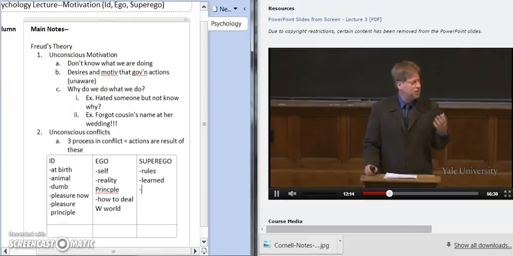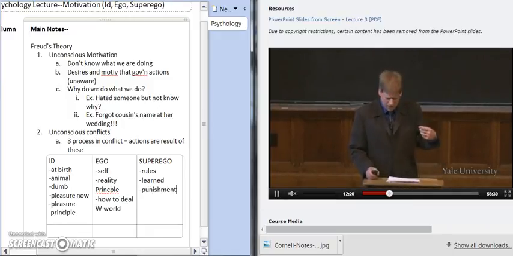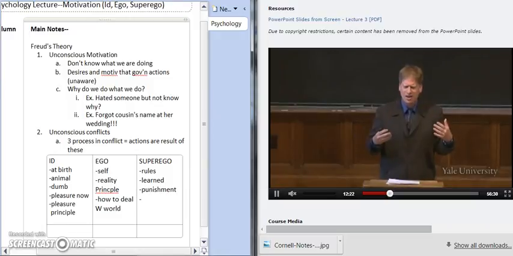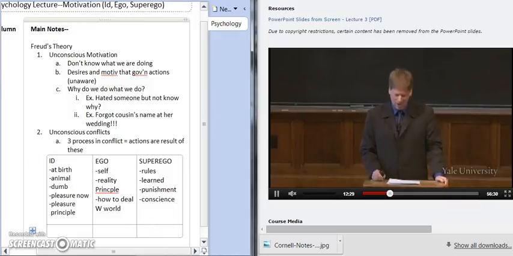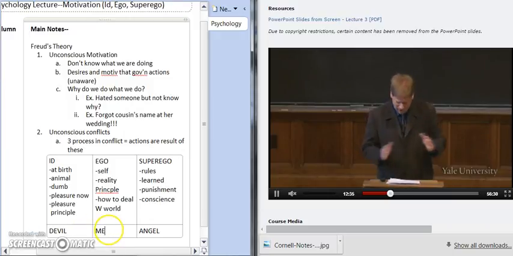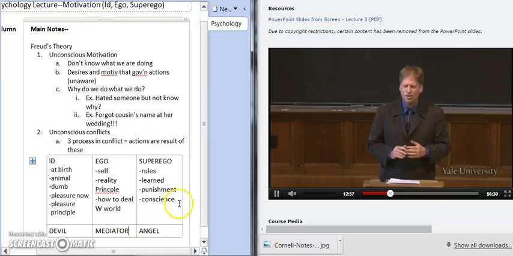Some desires are inappropriate, some actions are wrong, and you're punished for it. You come to have in your head a superego, a conscience. In the movies, it would be like the little angel above your head that tells you when things are wrong. And basically, yourself, the ego, is in between the id and the superego.